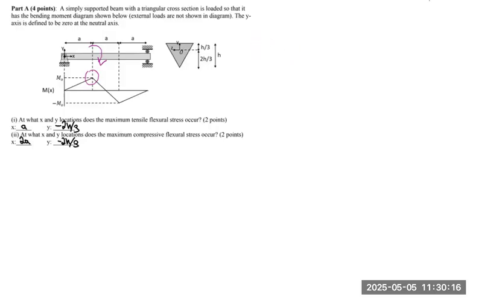Or sorry, not like that, but rather it's going to be bending... Wait. Yeah, so this moment corresponds to a moment of kind of counterclockwise.